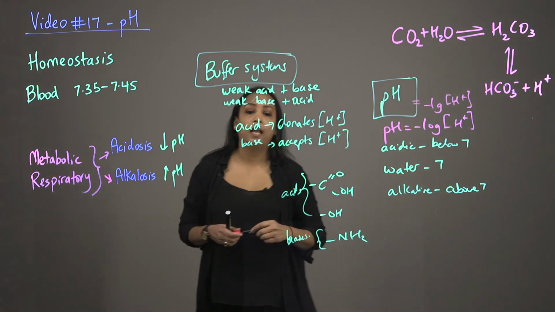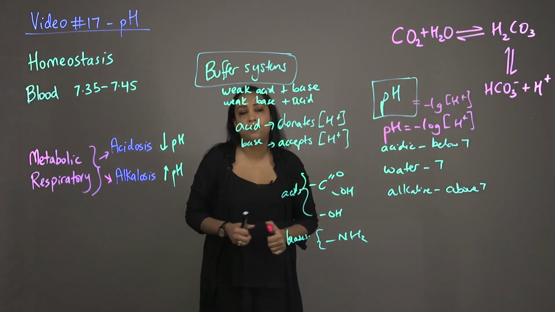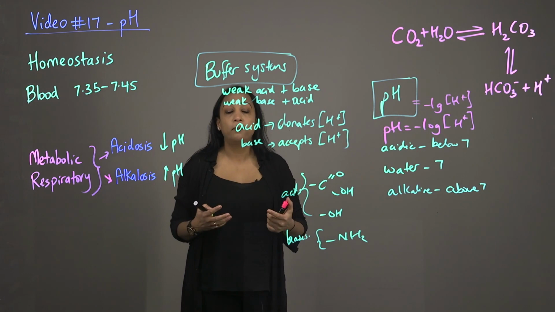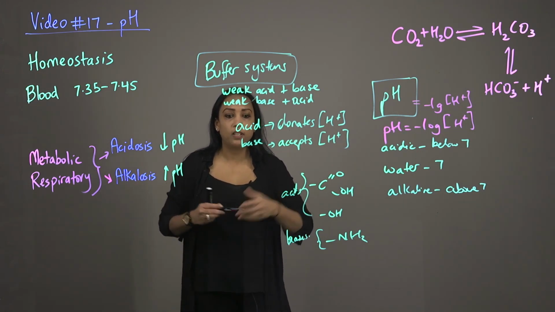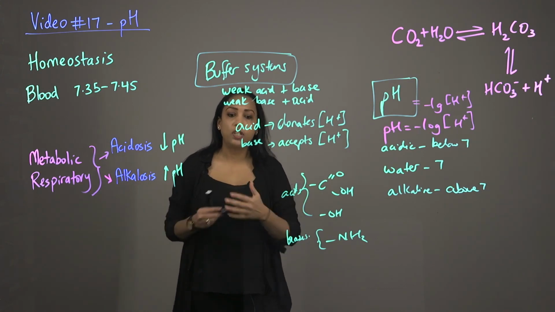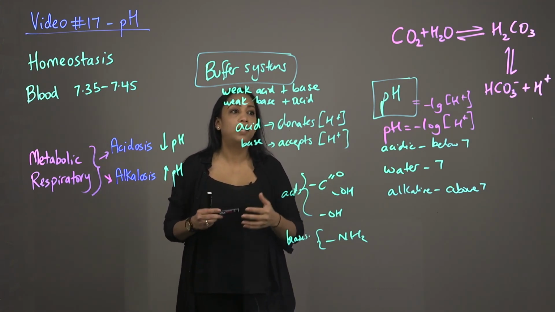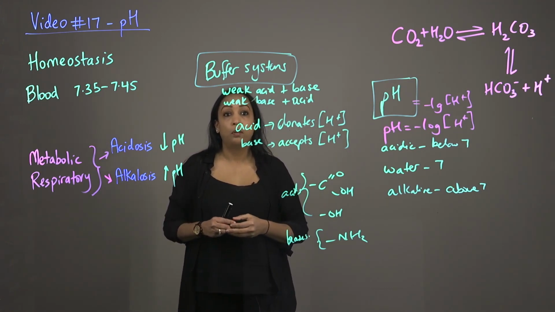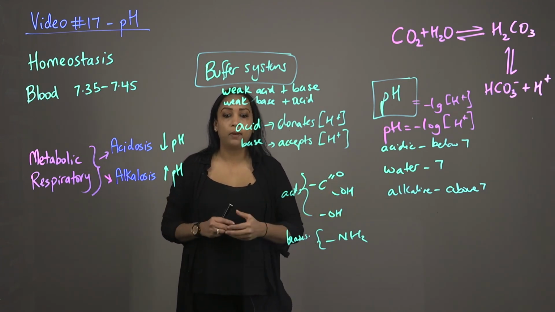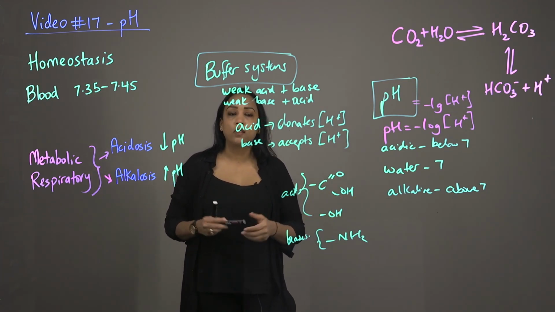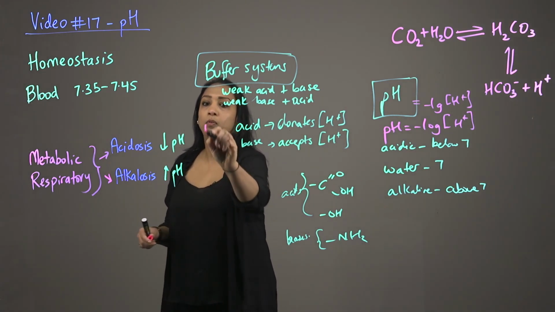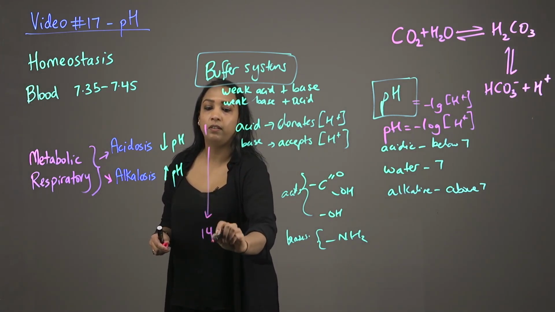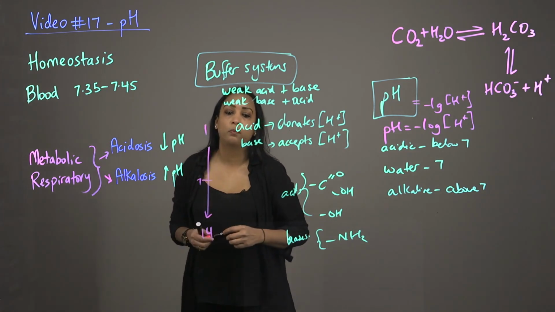Okay, and basically what that means is that the pH scale is a logarithmic one, so that an increase or decrease of an integer changes the concentration of the H plus ions in solution by a factor of 10.